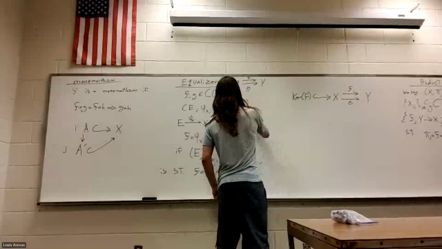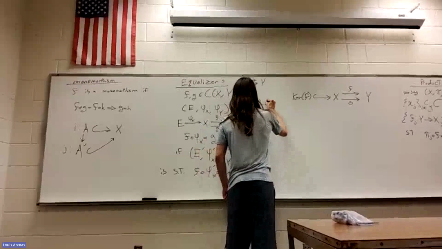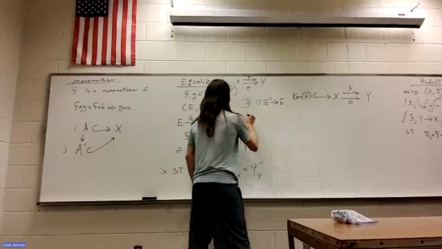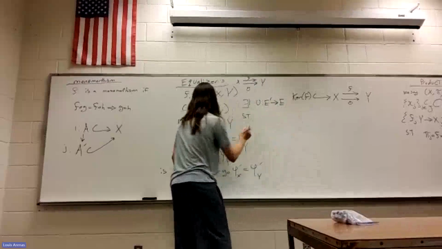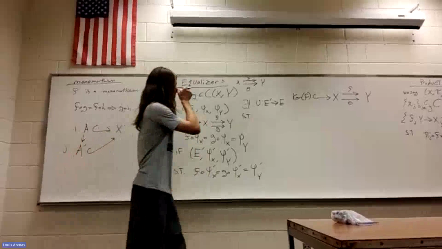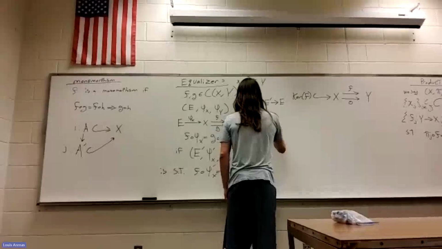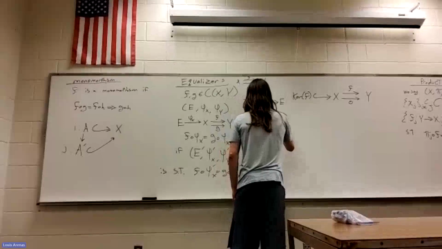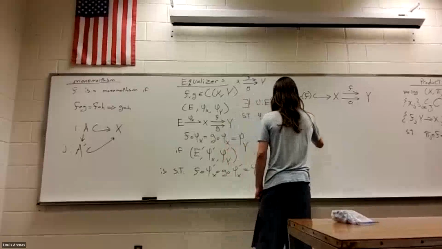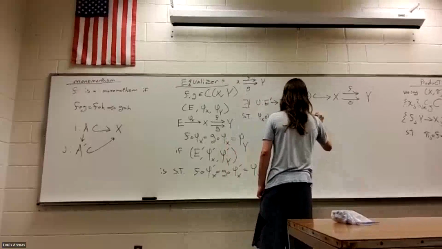There's the unique Q going from E prime to D such that it's got to make their morphisms end up working out. So here we'll have phi x composed with U is equal to phi prime x.